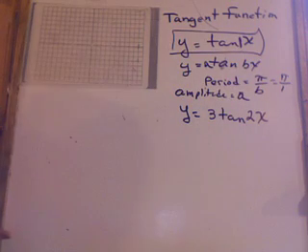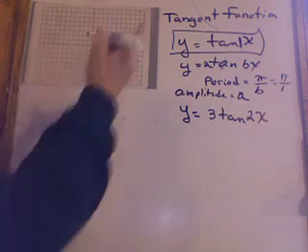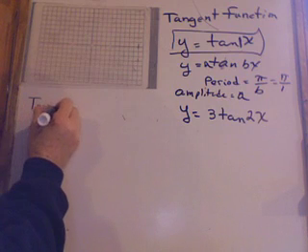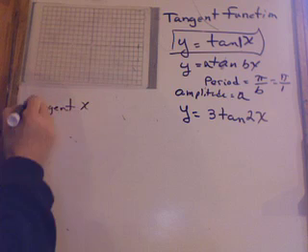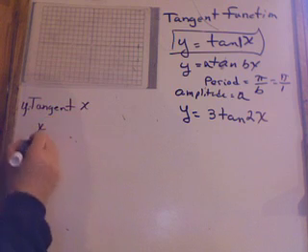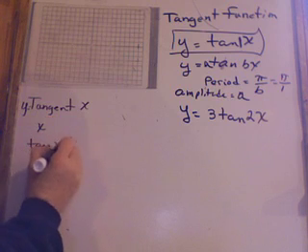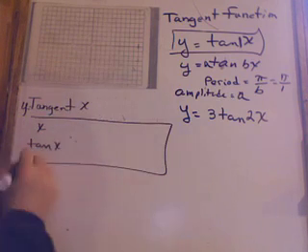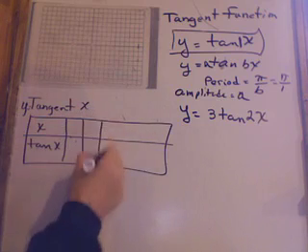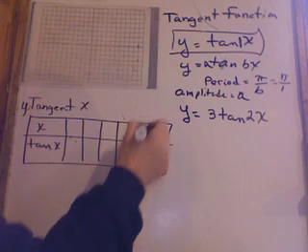So let's make a chart to graph the tangent function, y = tan x. Let's make a chart for that: x and tan x. And we should pick some key values. You need to plot a few points.